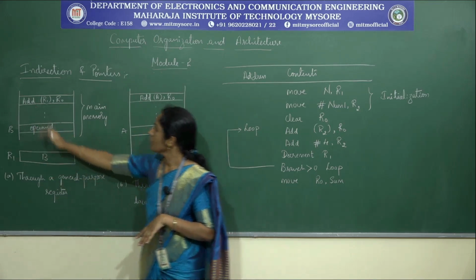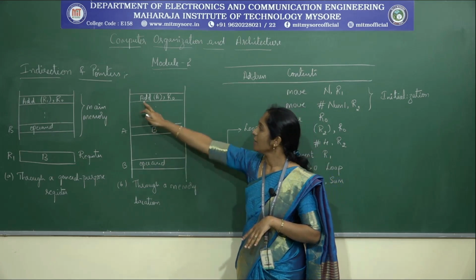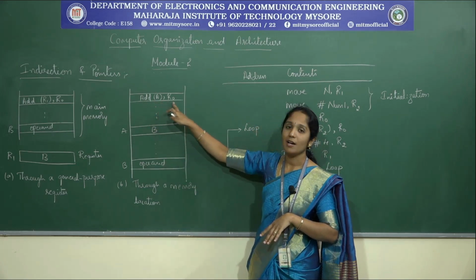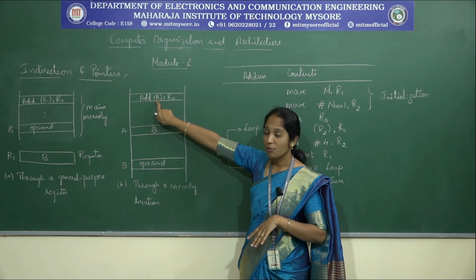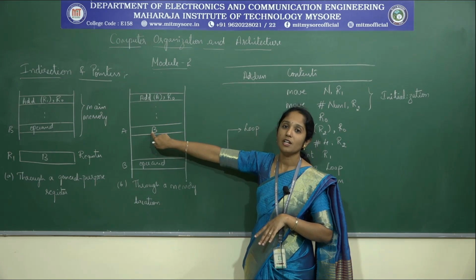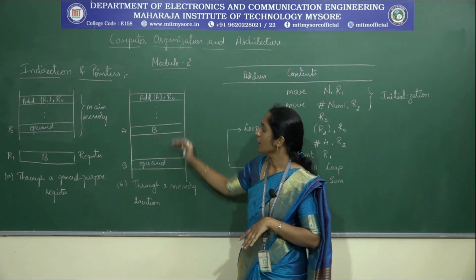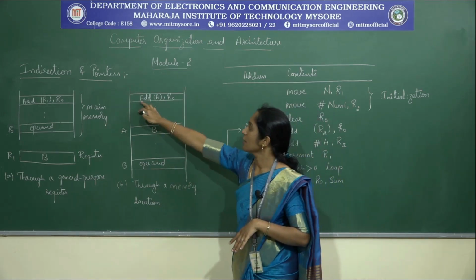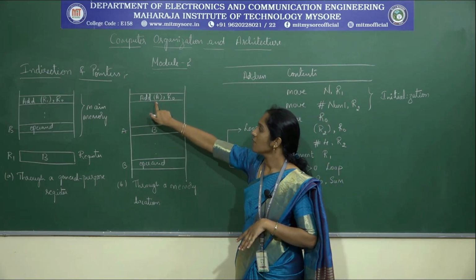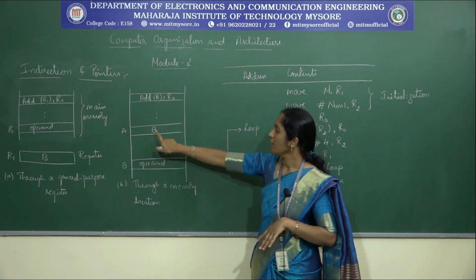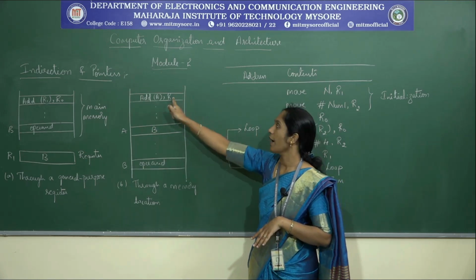The other way is add contents of A comma R0, where A represents a memory location. In this memory location you have the address of the operand which is to be added to R0. When execution reaches this instruction, it first reads the contents of A, which is nothing but the address of the operand to be added to R0.